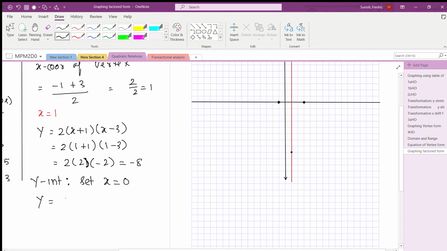So y equals 2 times (0 plus 1) times (0 minus 3). That would be 2 times 1 times negative 3, which is negative 6. So my y-intercept is right here. 1, 2, 3, 4, 5, 6. Okay, now if I join these points, I have my graph.